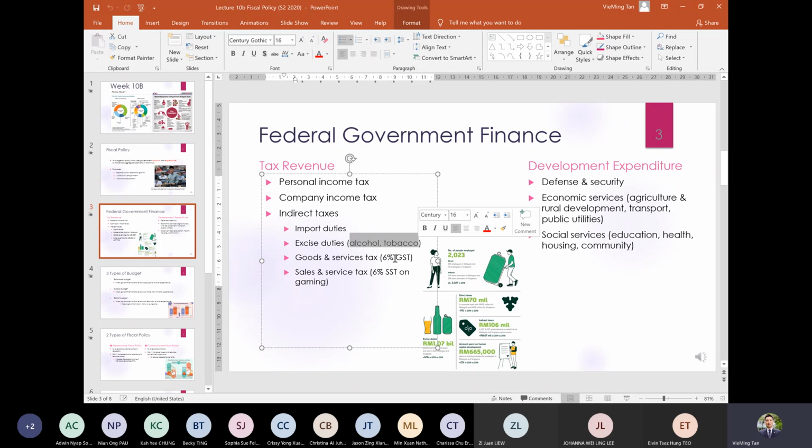So as a result, the government should not encourage the citizen to have bad habits of consuming too much alcohol or cigars. So what can the government do? The government can charge taxes for those products, and this type of tax is called the excise duties. Excise duties are charged for only certain goods.